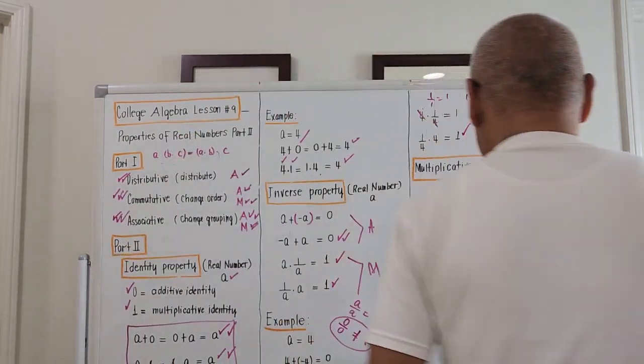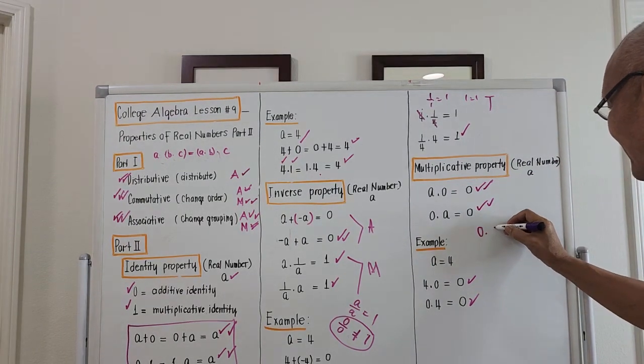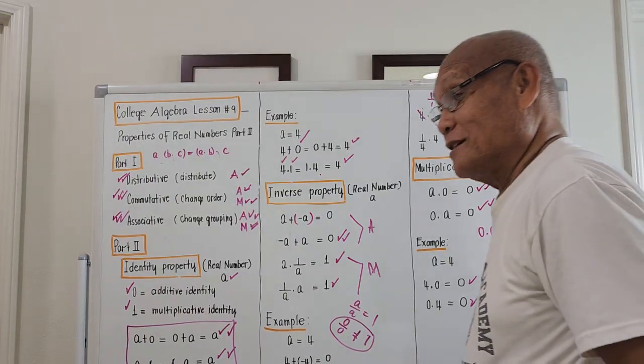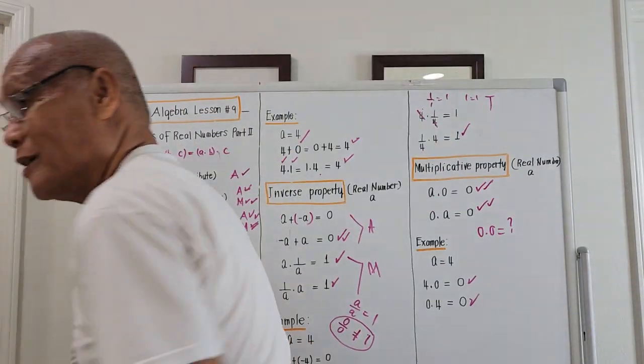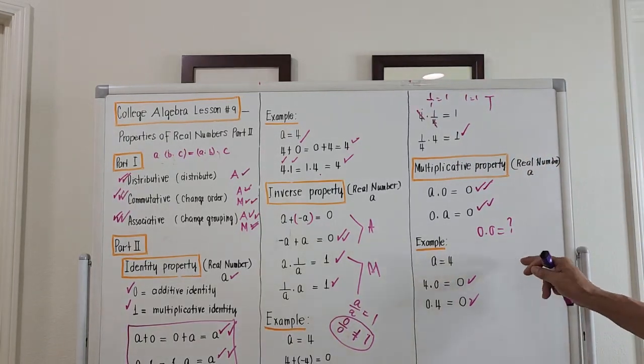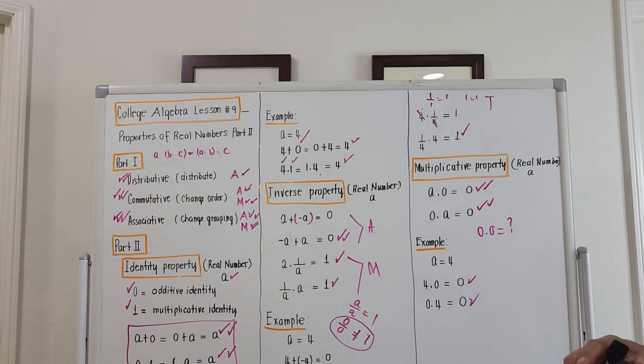How about 0 times 0? What will be the value of this? I don't know if this is 0, but because this is another topic under algebra, let's try to verify. 0 multiplied by 0, what will be the value?